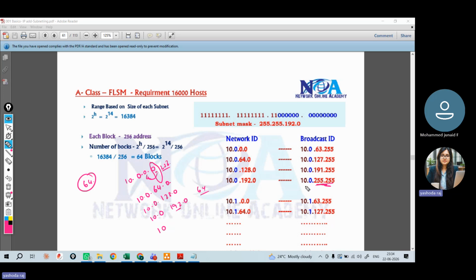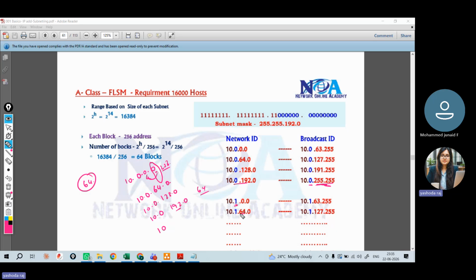I should again add 64, so which octet should I work with? The second octet. Now again it starts from 0, and this place is 1: 10.1.0.0, again 10.1.64.0.